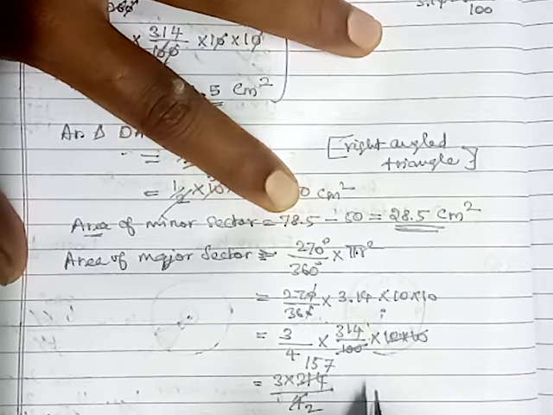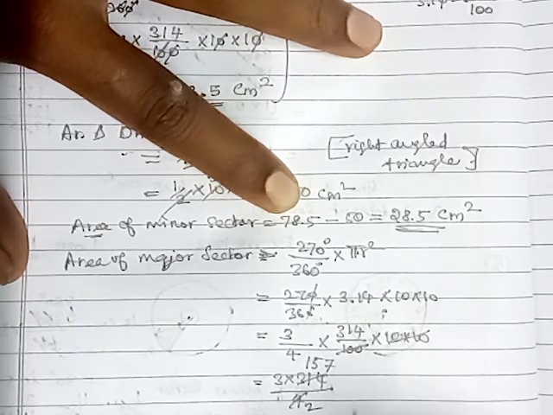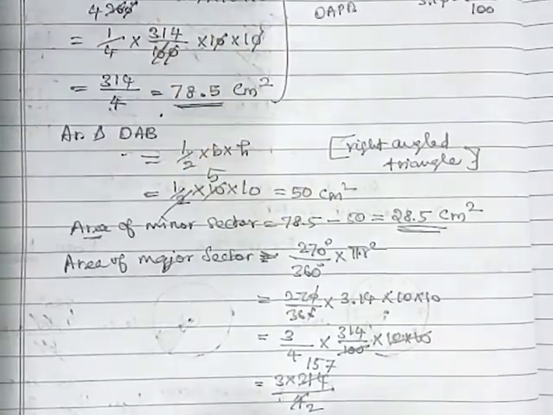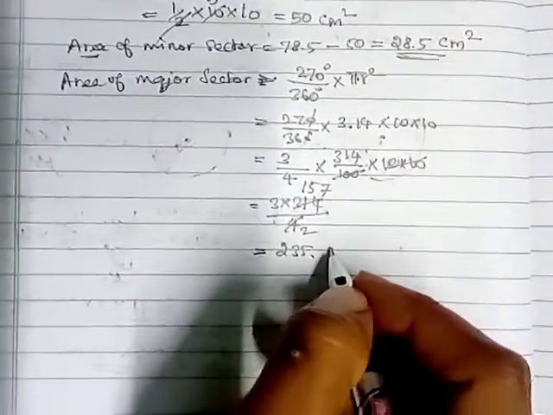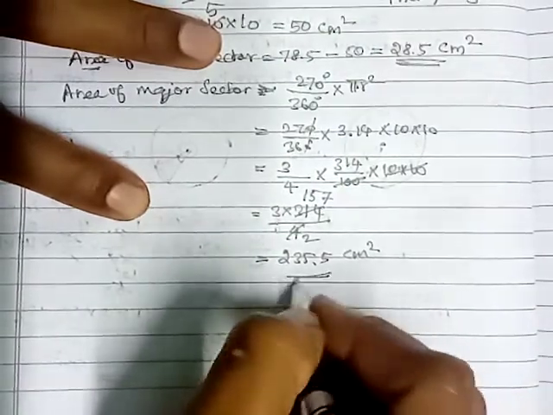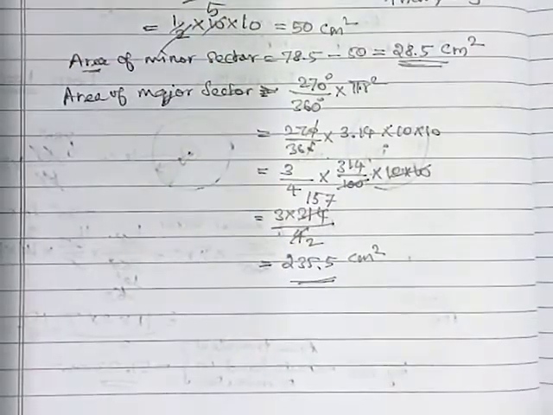So the answer would be, you do the calculations properly. This is 10 into 10, 3 by 4, 22 by 7, 10 10. Okay. You will get the answer of 235.5 centimeter square. You do the calculation part from here. You just practice all those things.